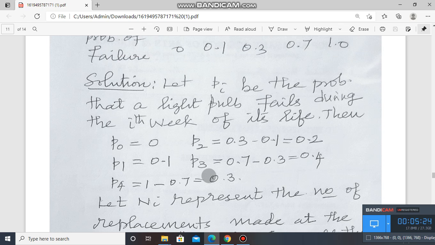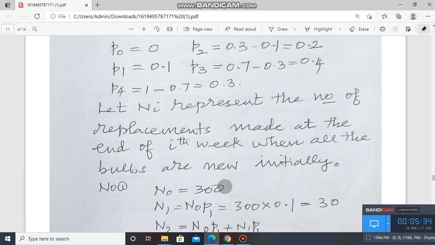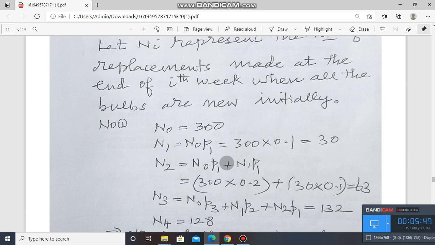Now suppose Ni represents the number of replacements made at the end of the ith week. Then N0, with no bulb failing, is equal to 300.